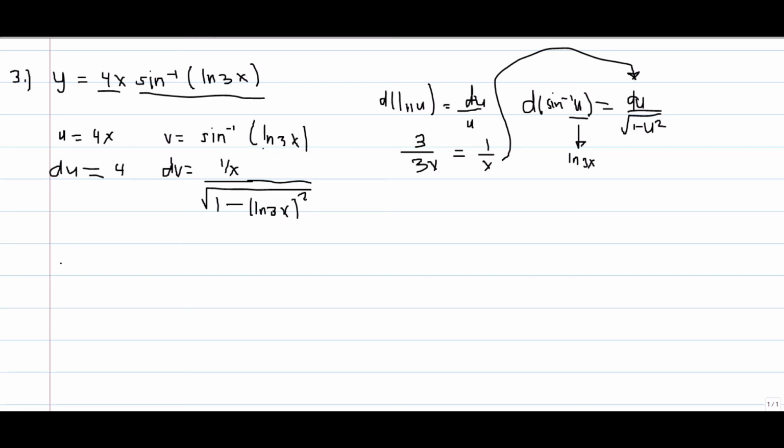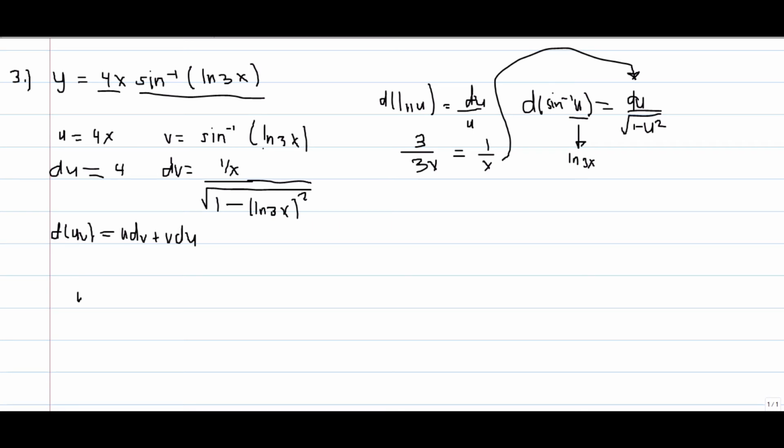So substitute. Therefore our first derivative, since the given is a product, we use the product formula of the derivatives. So this is uv equals u dv plus v du.